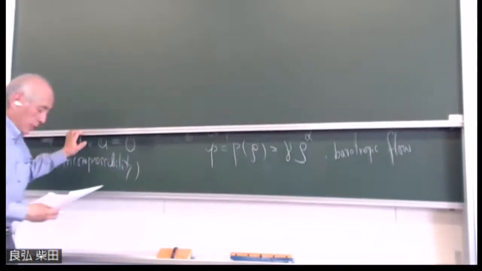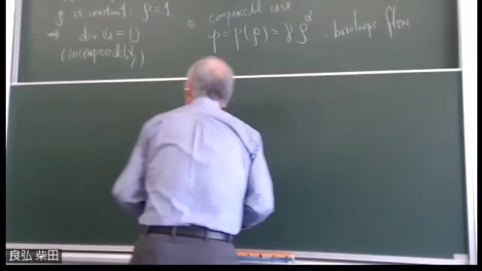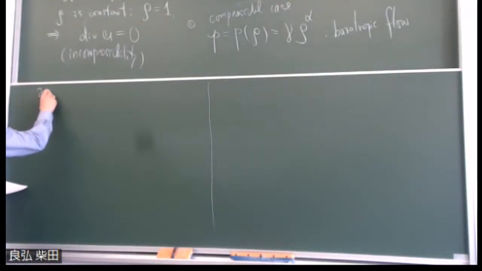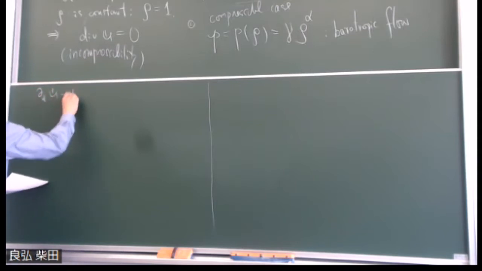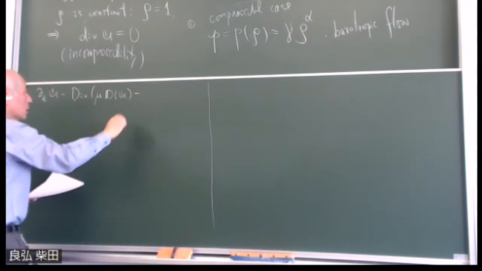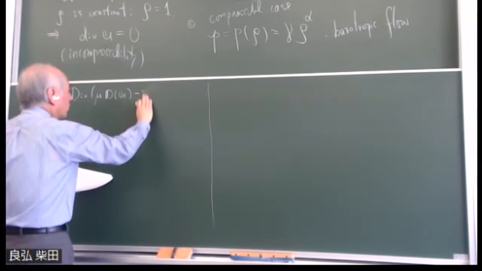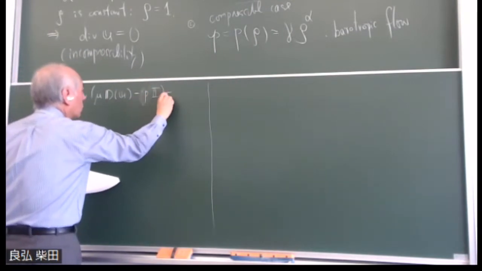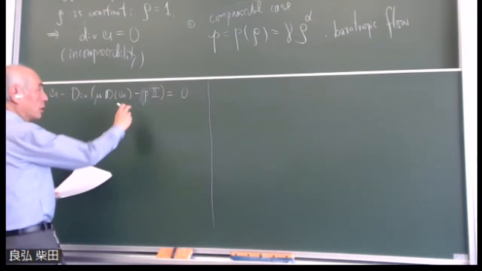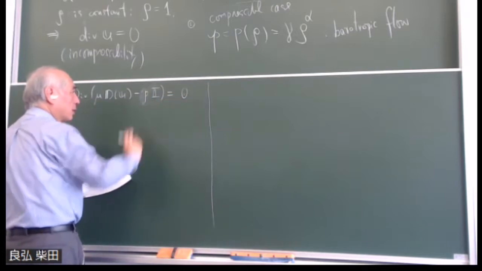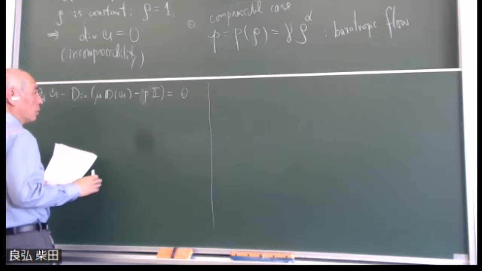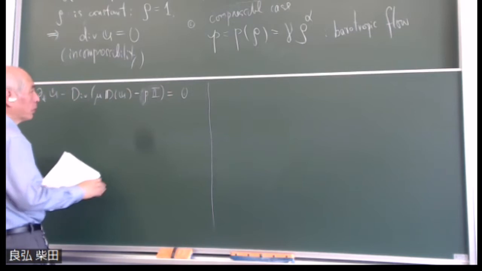Now I want to consider the equation: u, divergence, u, minus pressure p I u. For simplicity, it is 0. You can also consider external forces, or even some coupled system, for example MHD, magnetic field, or something.